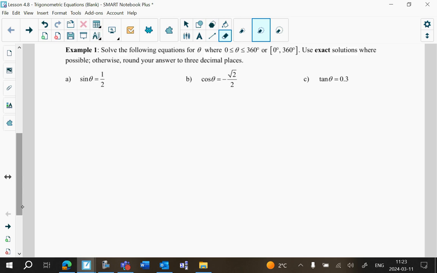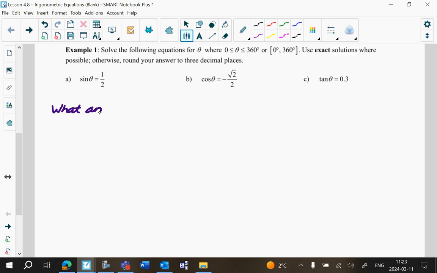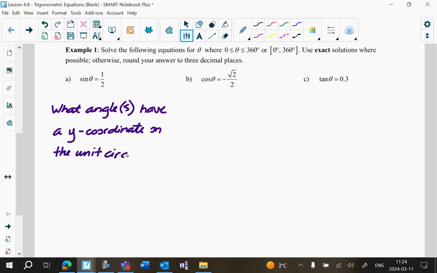When you solve a trig equation using the unit circle, you ask yourself, what angle or angles have a y coordinate, because it's sine on the unit circle, of 1/2?